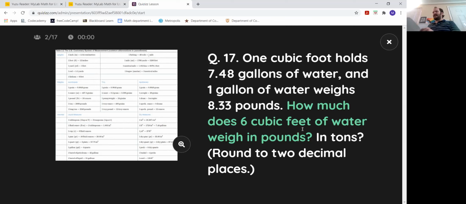So I don't know if I said this or made it explicit last time, but when I do these things, I don't even look at the number or the conversion factor at first. I just think about the units. I think about how to get rid of those units. I got one on top, I got to put one on bottom. All right, now it's on top again, I got to put this one on bottom. And there are 8.33 pounds to every 1 gallon of water.